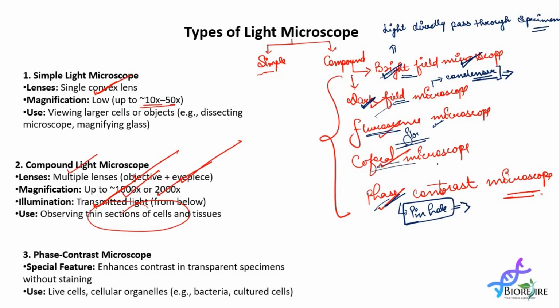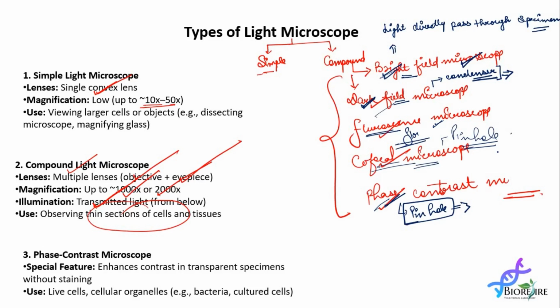In the confocal microscope, we also use a pinhole, and this pinhole increases the magnification power. Only transmitted light is passed, so the image is very clear.